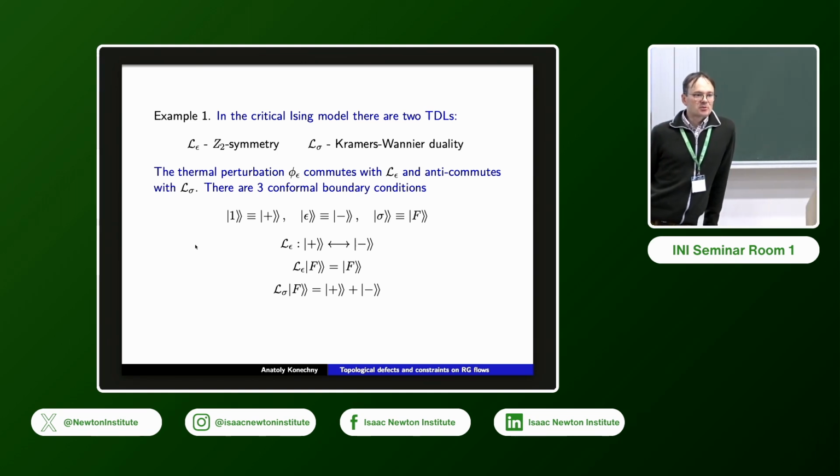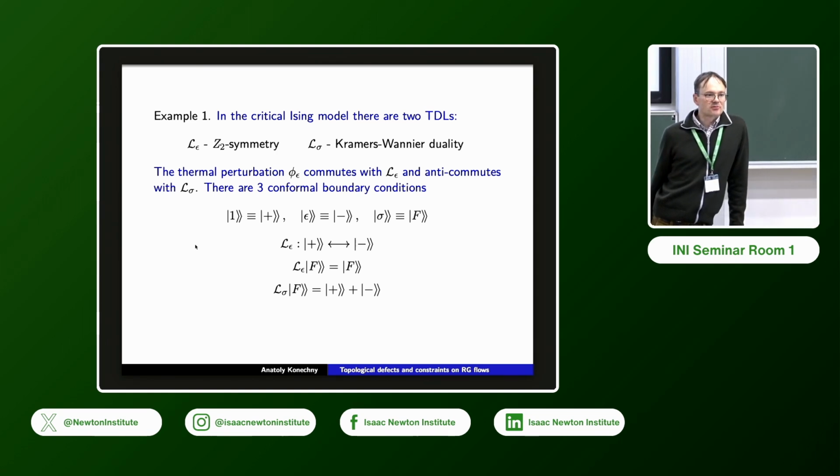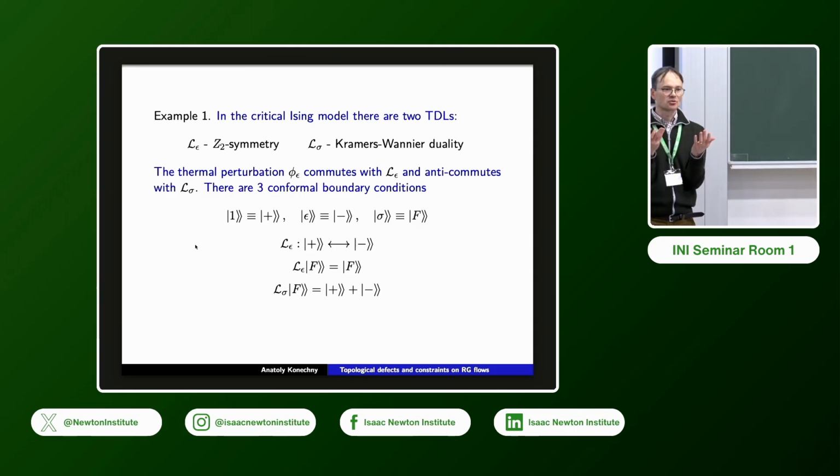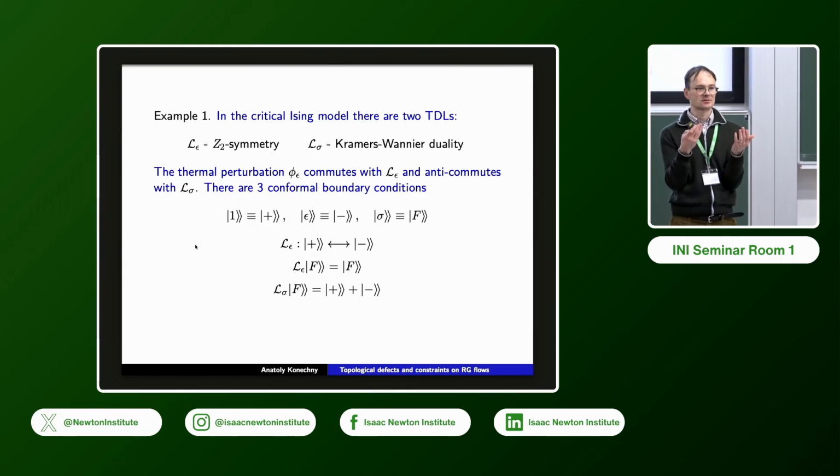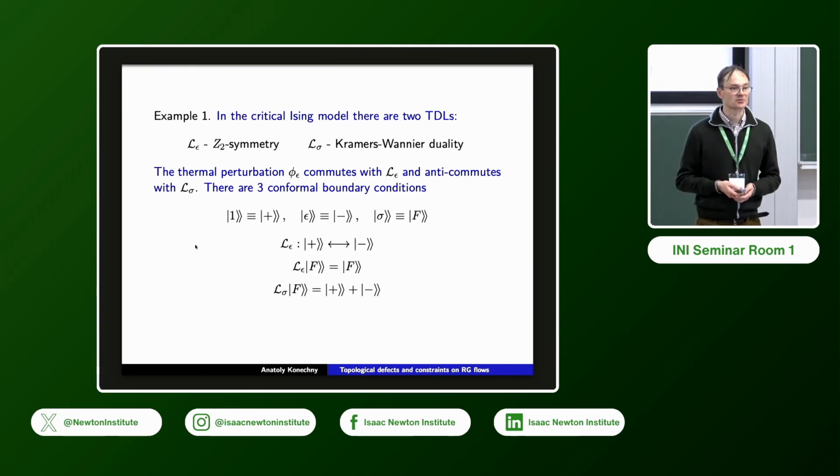You can only have an integer superposition of conformal boundary conditions. You can have plus plus minus, but you cannot have some kind of exponential, and negative real numbers also don't make sense.